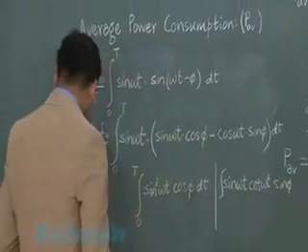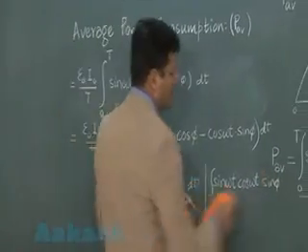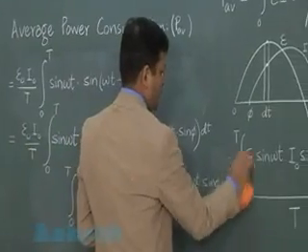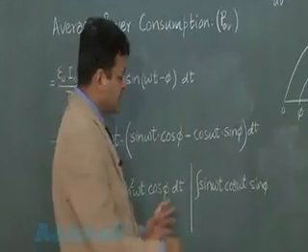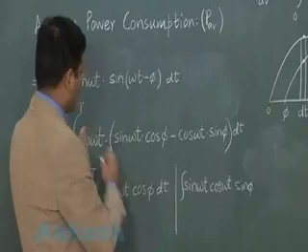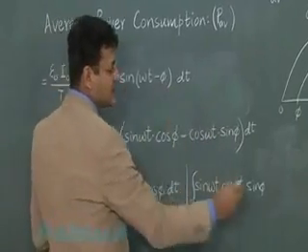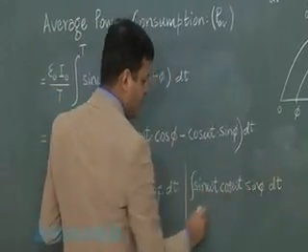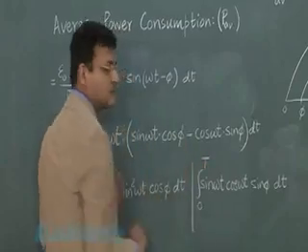You understand? This is the second part of integration you are having out of the multiplication of this and this, and again this you have to integrate between 0 to capital T.